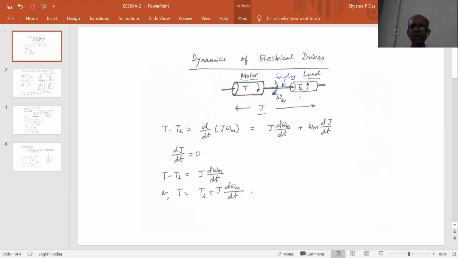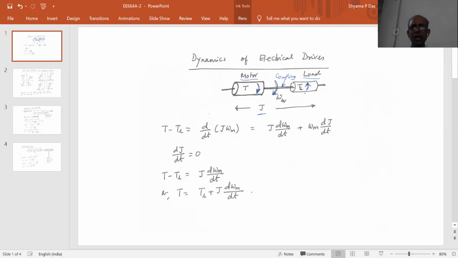Now, what is the role of the load? The load torque is opposing the motor torque. We can see that the motor torque is in one direction, and the load torque is opposing the motor torque.